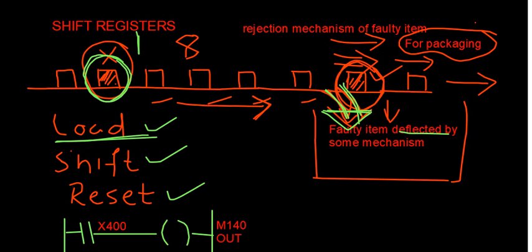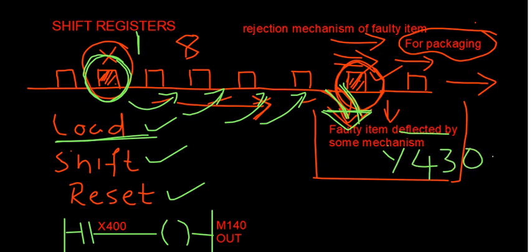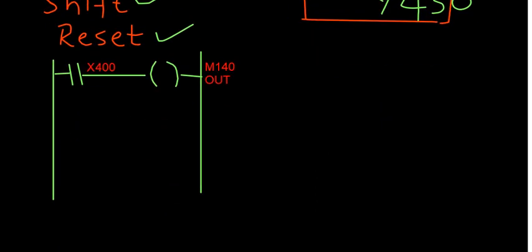So now the next task is to have it shifted 4 times to the right, and after the 4th time you will have to activate the output device, which is Y430, and accordingly let us try to draw a portion of your ladder diagram.